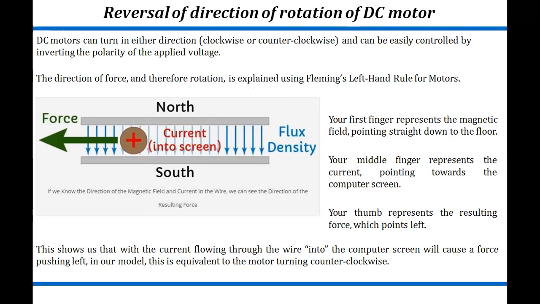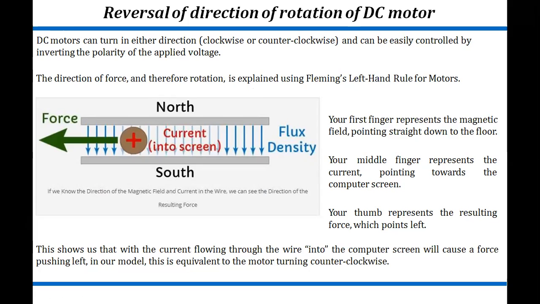And what does Fleming's left hand rule say? It says that if our first finger represents the magnetic field, you guys can practice. You can take your left hand and put your first finger, the finger after the thumb.